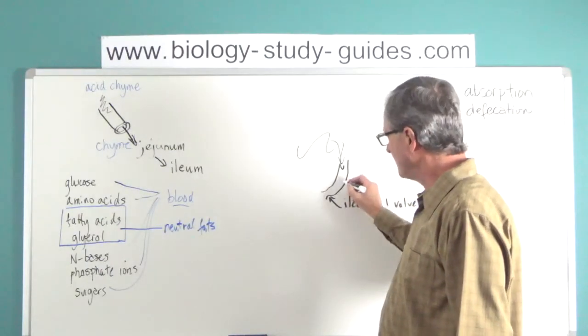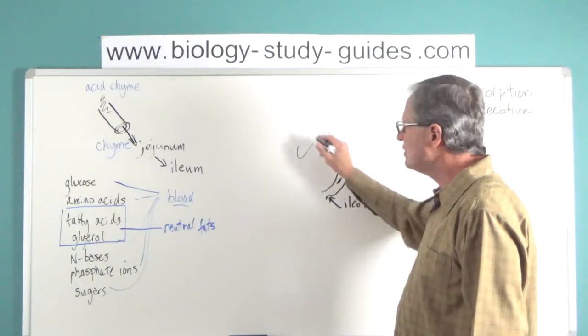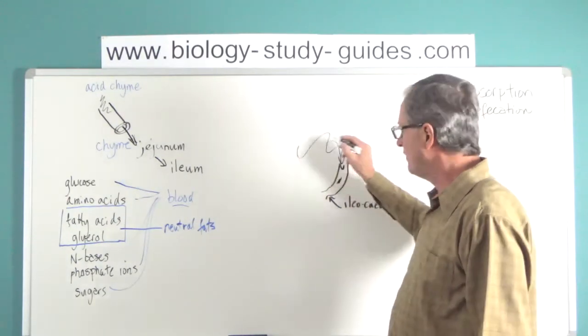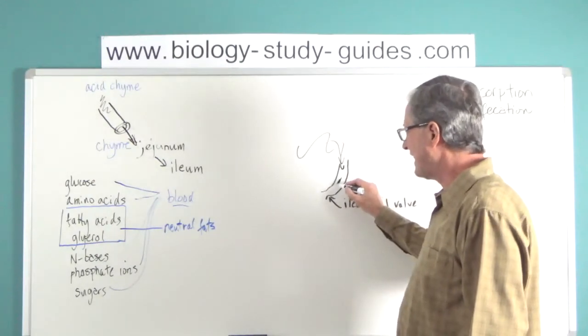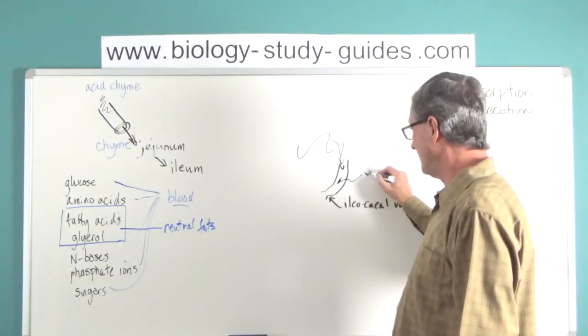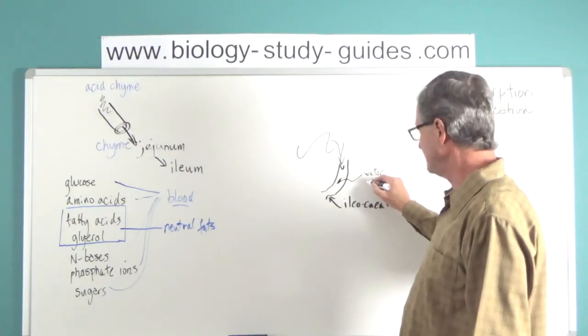If we consider what's left in here, it used to be chyme. We've removed all of this stuff from it. The stuff that's left, we've got water in there. We've got things that couldn't be digested.